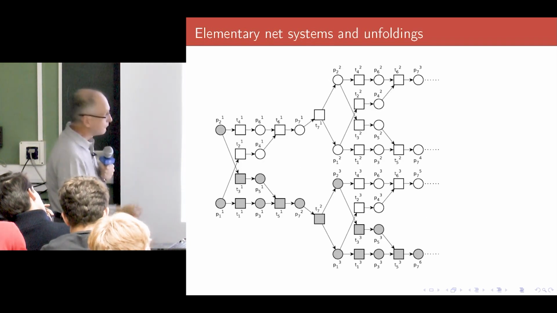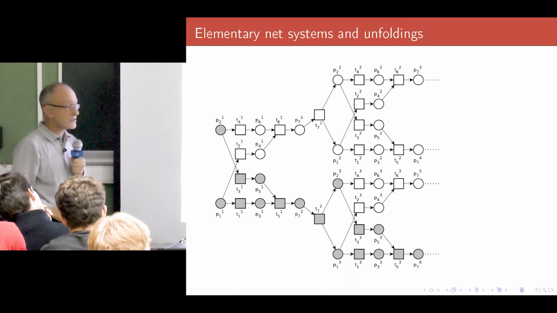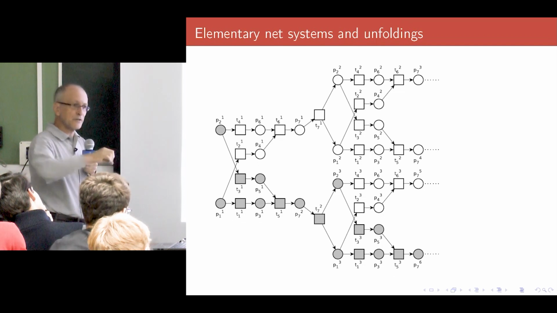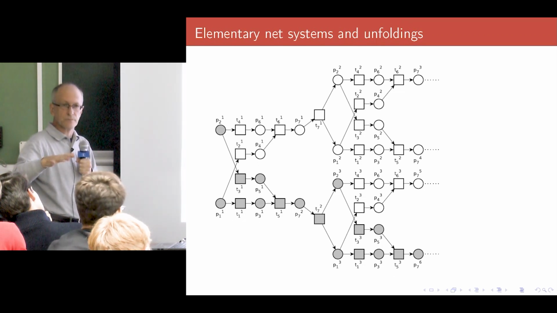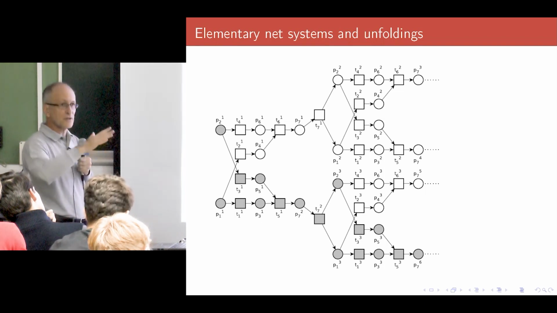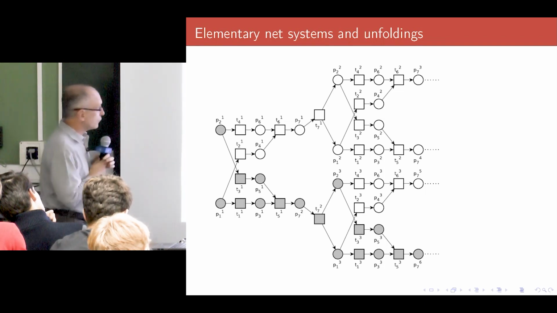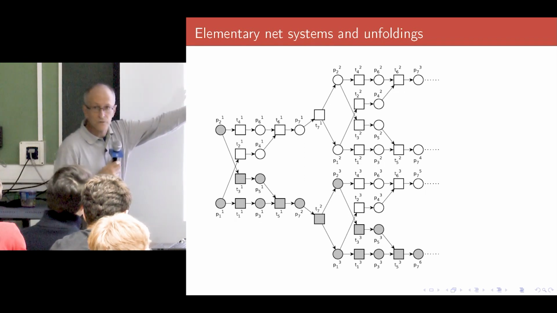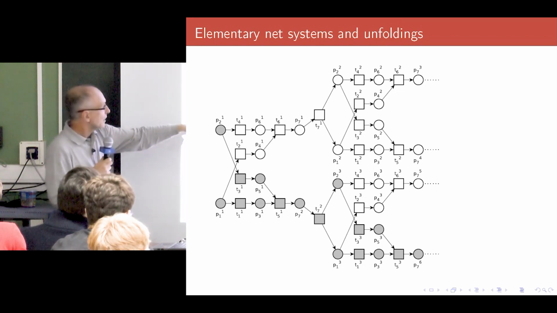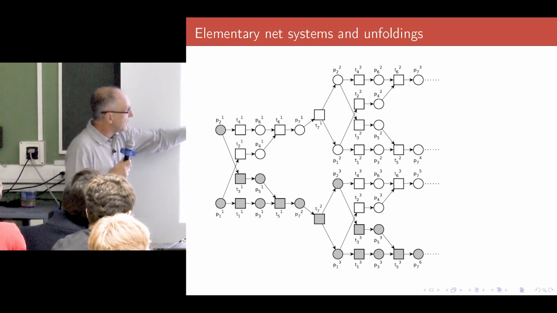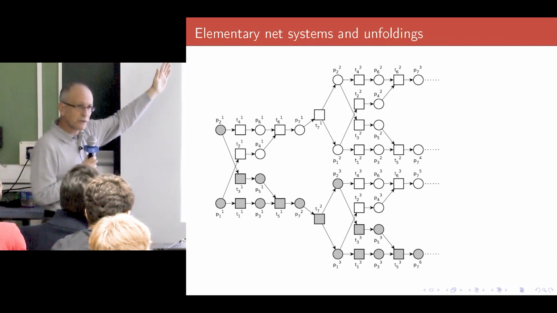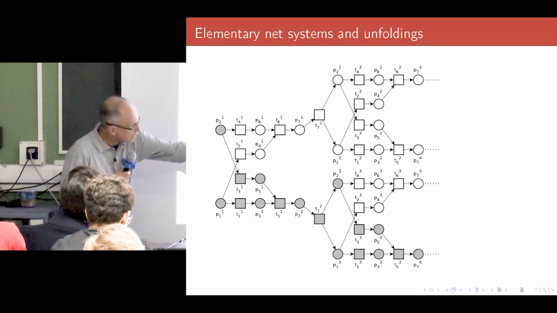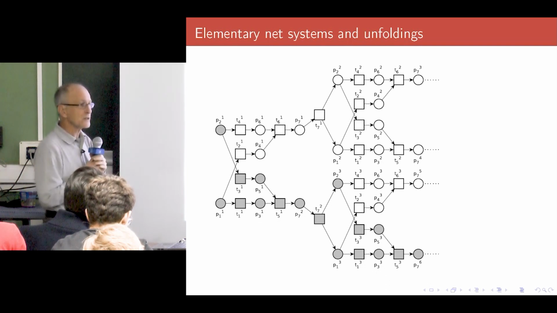In the unfolding of that same net system, we just record what happened and we add new elements each time that something happens. So we will have occurrences of the elements of the net system. So for instance, here you see that elements of this net, which I couldn't draw completely because it's infinite, have a label with a name, the name of an element of the original net, but I have added the number to distinguish this occurrence of P1 from the one which is down there, for instance, and so on.